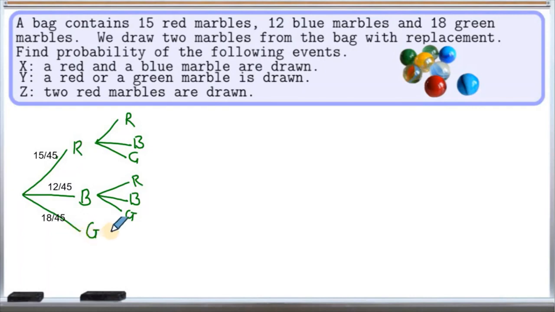Same thing if we have green on the first draw. Now let's put down the probabilities for each possibility in the second draw. Since the ball is replaced back, the numbers of red, blue, and green marble stay the same, so the probabilities also stay the same. Let me put that down here.